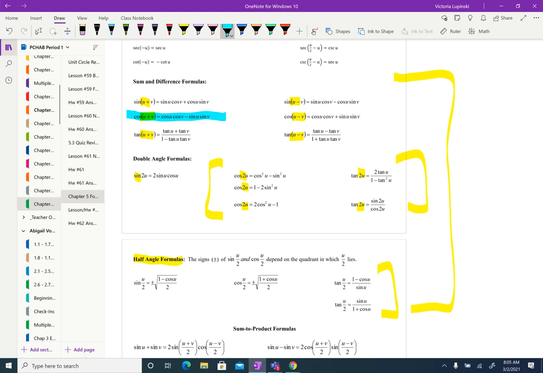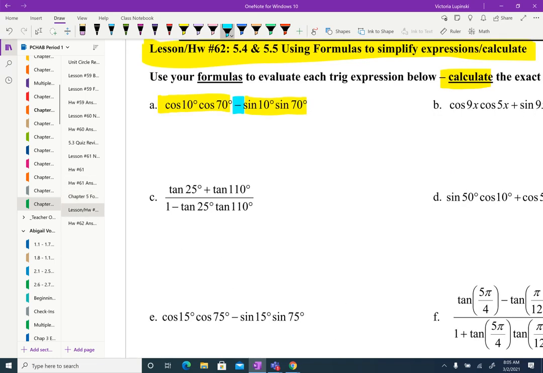So because I gave you the right side of the formula, you want to now rewrite it as the left side of the formula. So cos u cos v minus sine u sine v. If you go back to your sheet here, what you're basically determining is that this is the u and this is the v.